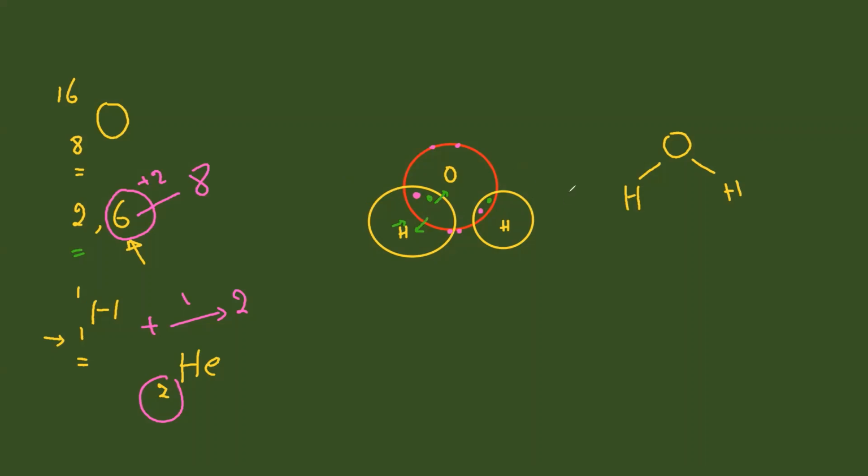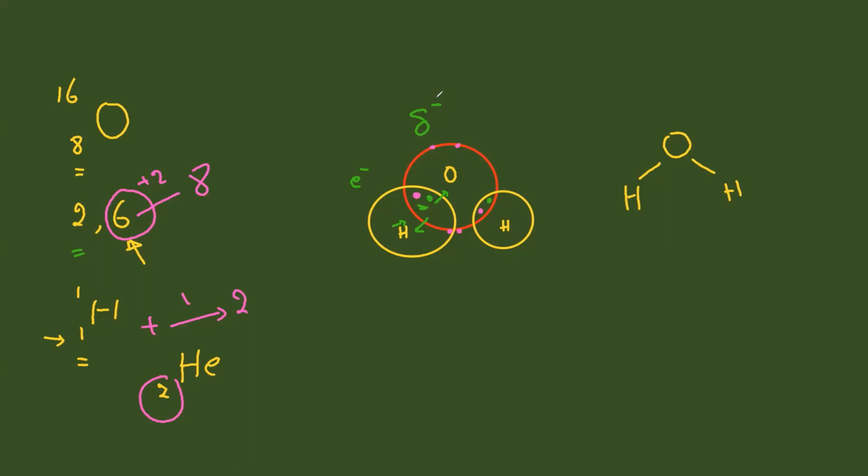But what is the charge of electrons, Habiba? What is the charge on the electrons? Negative or positive? Negative, very good. This means that because the negative charges, the electrons, are shifted towards oxygen, the oxygen will be slightly negative, more than the hydrogen, because both of them have electrons in the intersection area.